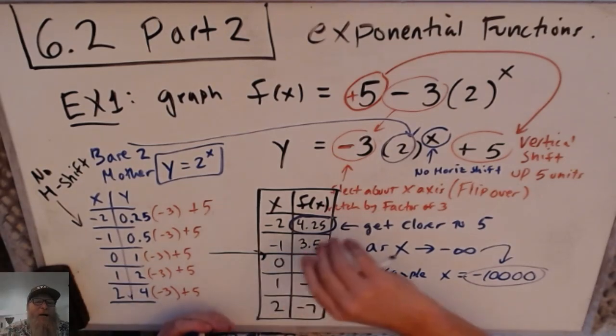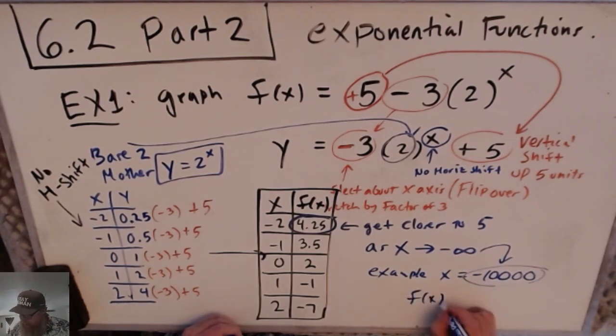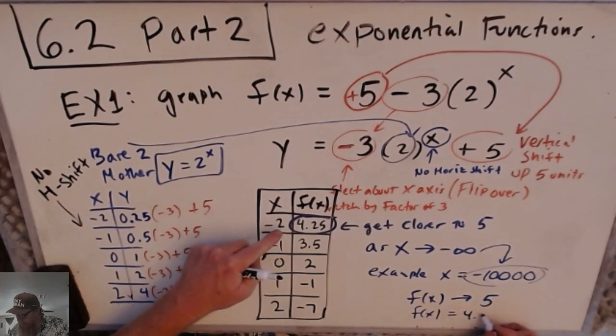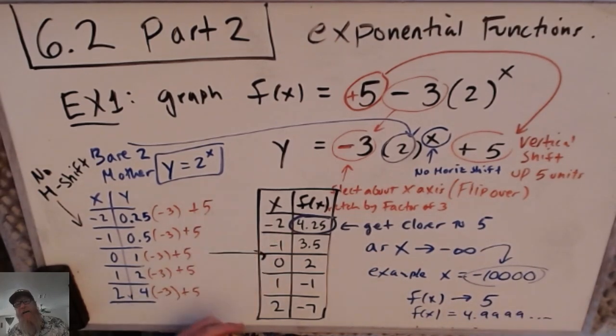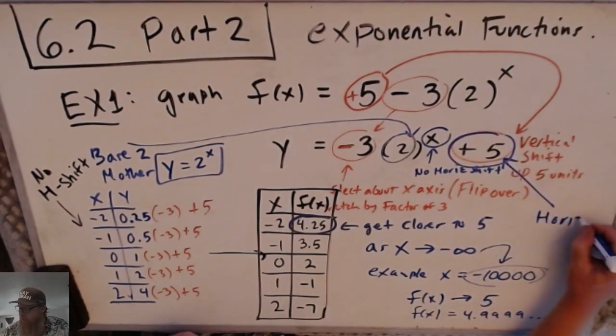Although between you and I, it's technically a small negative number, but it doesn't look very small, does it? It looks like a big negative number. What happens is f of x is getting very close to 5. It's going to be 4.999999999, very, very close to 5. So that tells us that this 5 is the horizontal asymptote.